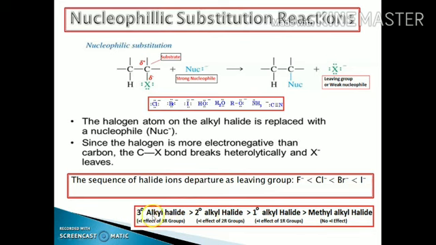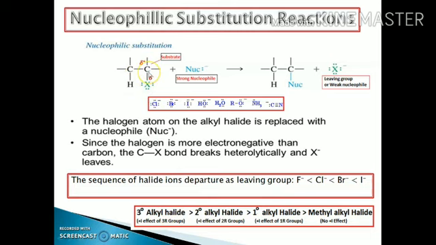One is a tertiary alkyl halide, which has 3 alkyl groups. The second is a secondary alkyl halide, which has 2 alkyl groups, and the third is a primary alkyl halide, which has only 1 alkyl group. The last one is the methyl halide, which has no alkyl group. Greater the number of alkyl groups attached, greater will be the +I effect, and the greater will be the polarity of the carbon-halogen bond.